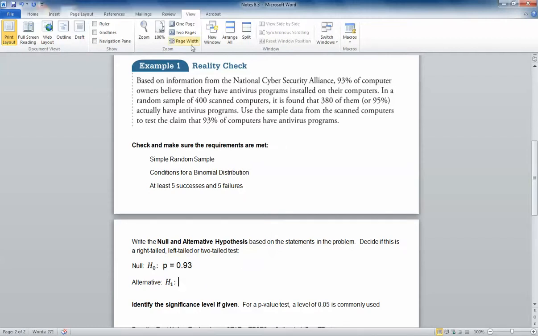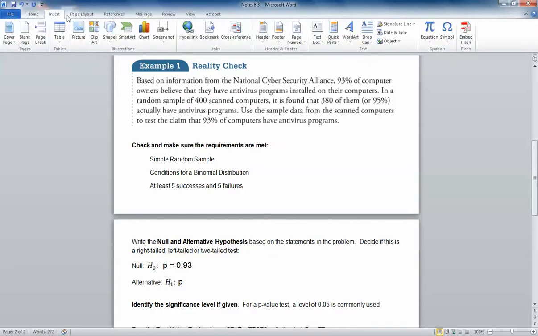Reading back up here, there isn't a claim that says greater than, even though it was found that 95% did have antivirus programs. They're not saying in here that we're testing to see if it's greater than or less than. So if it's not specifically stated, we're just going to test the claim that it is not equal to.